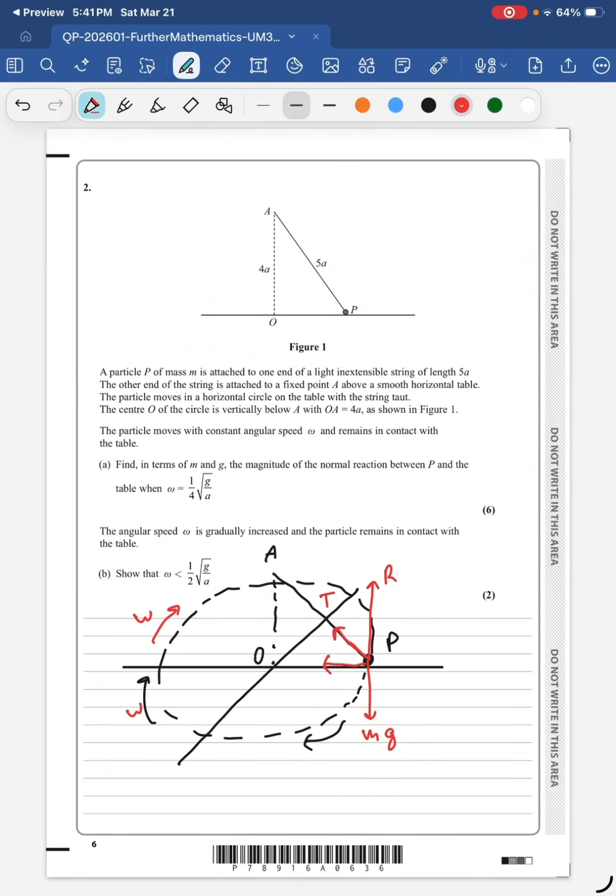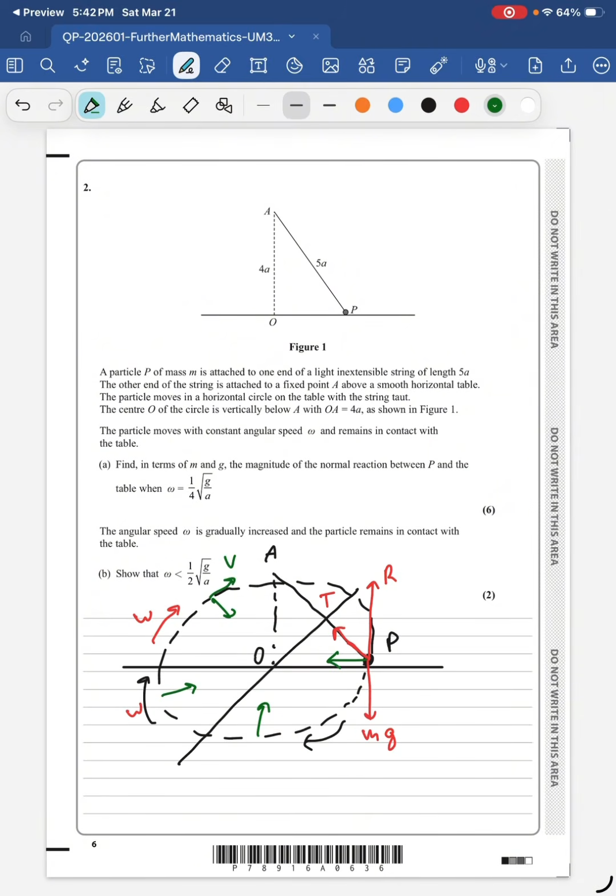Actually, let me use yet another color. So our centripetal force should be inwards. Therefore, this guy is going to keep going in circular motion. So you need a force like that. And again, for circular motion, the centripetal force is tangent to the velocity.